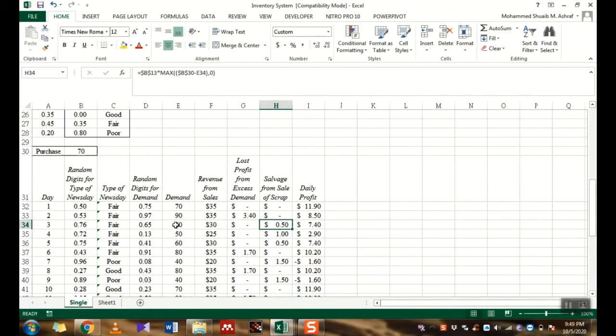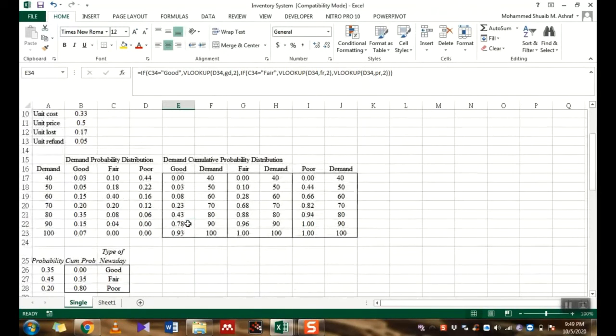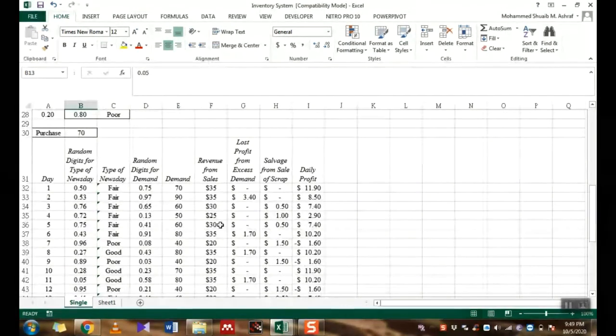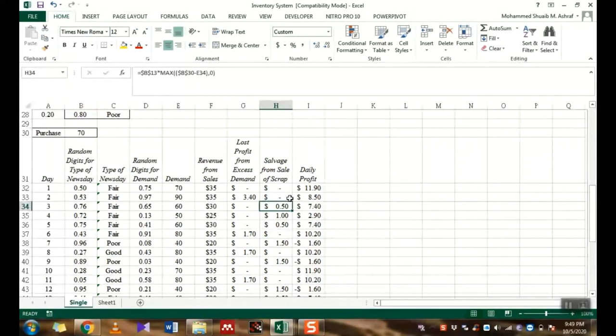See, on day 3, the demand is 60, so at the end of the day, 10 papers will be left that will be returned at the rate of 5 halala, means 10 multiplied by 5 equals 50 halala. So this formula is being applied.